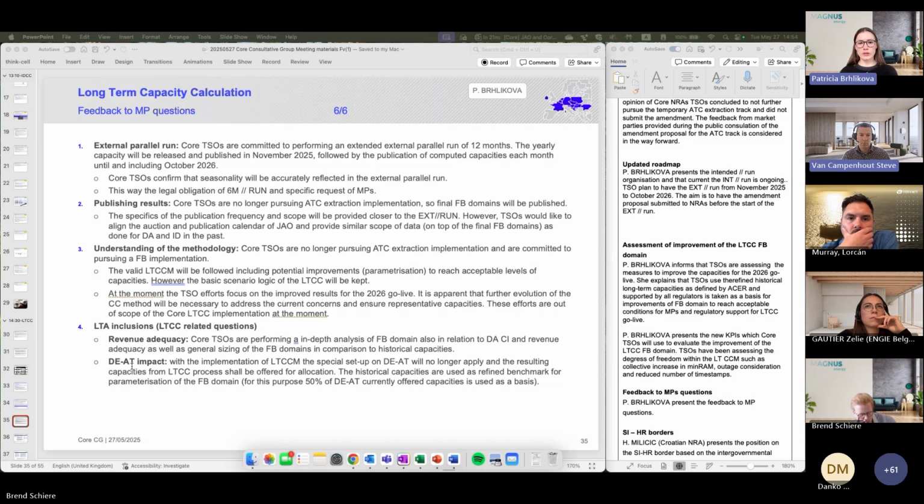So with the implementation of long-term capacity calculation, which is a coordinated process, the DAT setup will no longer be kept, and basically the capacities that would be result of the capacity calculation process will be offered for allocation. Obviously, maybe TSOs from Germany and Austria could say more about this, but the general answer would be that we would be following the capacity calculation process with the implementation of LTCCM.